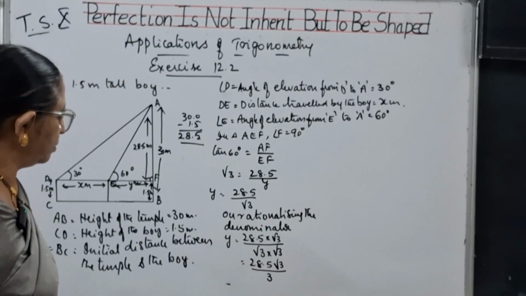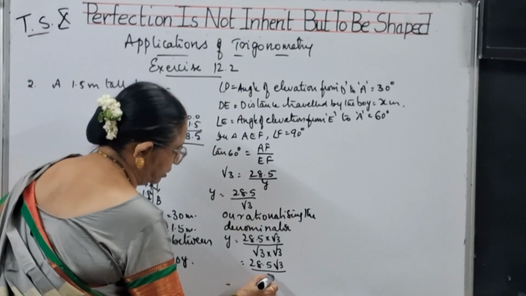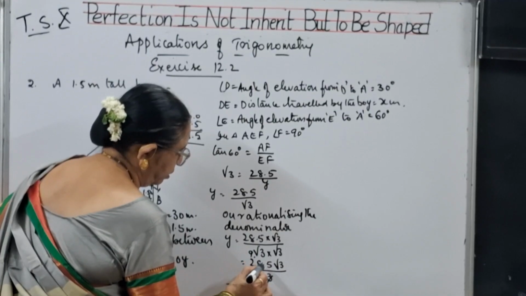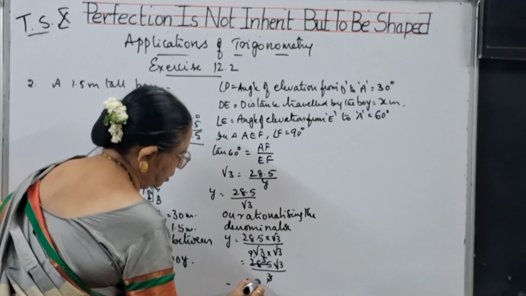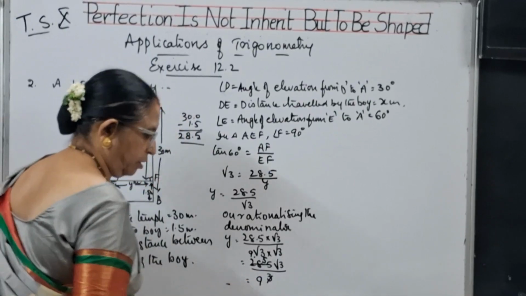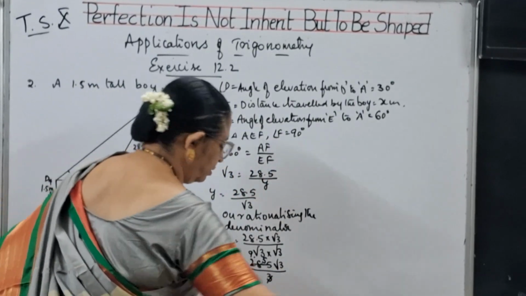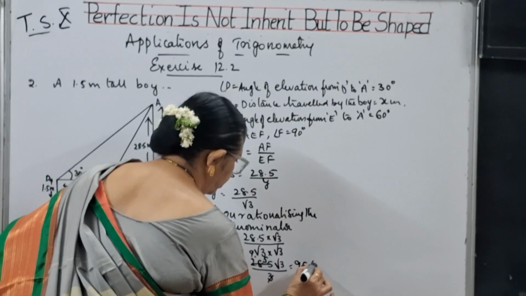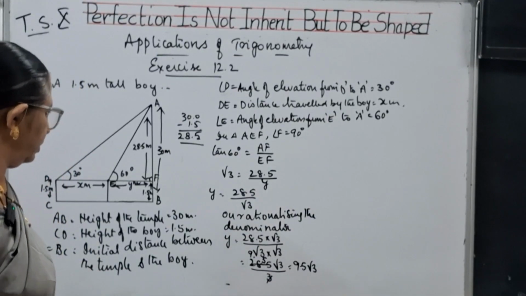In 28.5, see, 8 plus 2 is 10, and 15. So I can cancel this by 3. 3 nines are 27. 3 fives are 15. So how much am I getting? 9.5. You may not see it here, children, I'll write it. This is equal to 9.5 root 3, the y value. You have got it here.